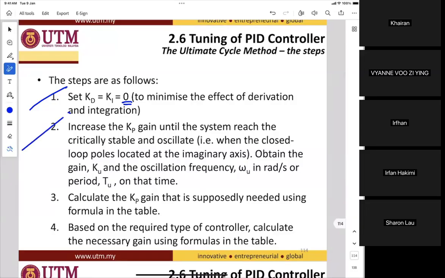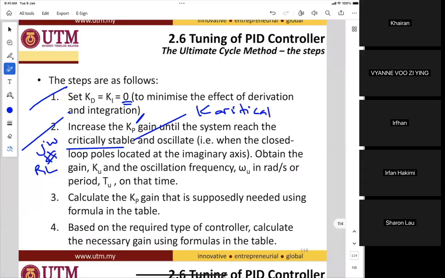Then increase the proportional gain, KP, until the system reaches critical stability, when the root locus intersects with the imaginary axis. K crit, we call it the K critical, found using Routh-Hurwitz or observed from the given plot.